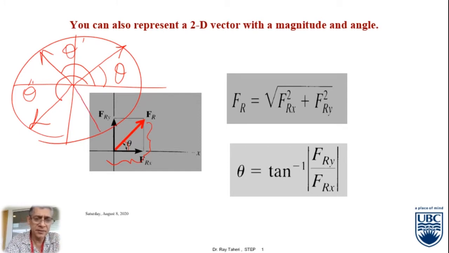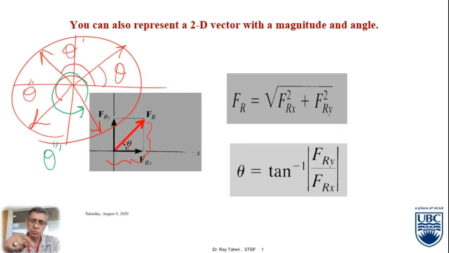When I'm here, and maybe I change the color, here is theta triple prime. Here, the x component is positive, the y component is negative.